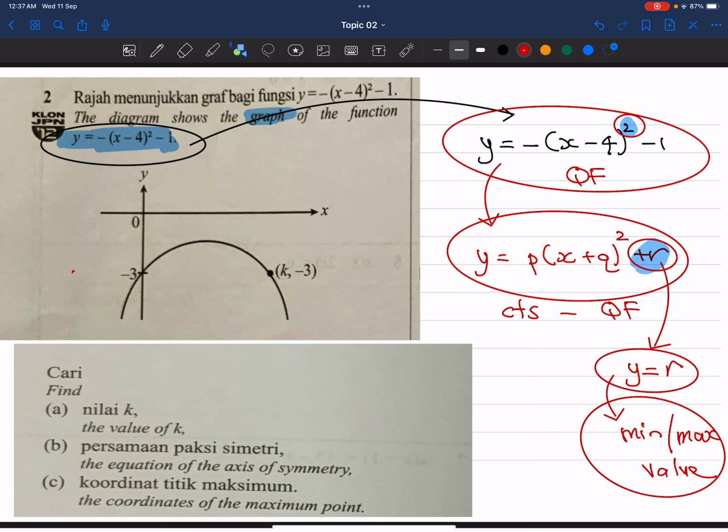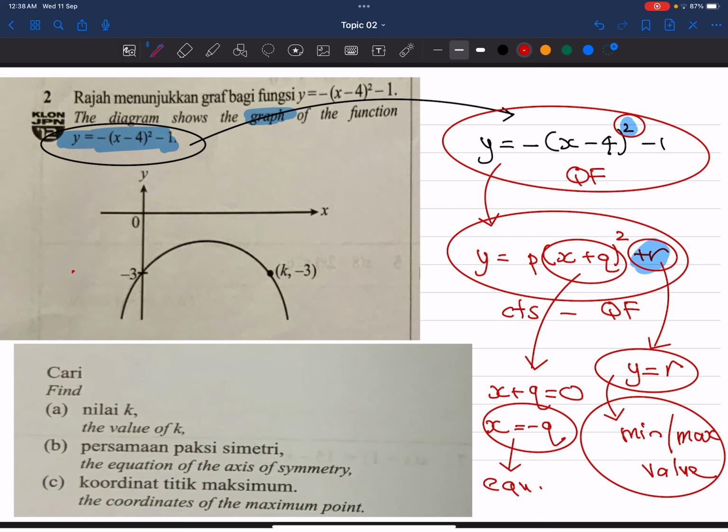For the x coordinate, go inside the brackets, which is x plus q, make it 0, and we get our x coordinate negative q. And we know that the x coordinate is the same as the equation of the axis of symmetry.